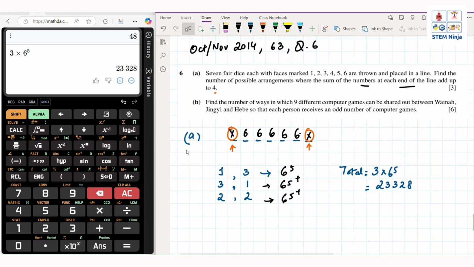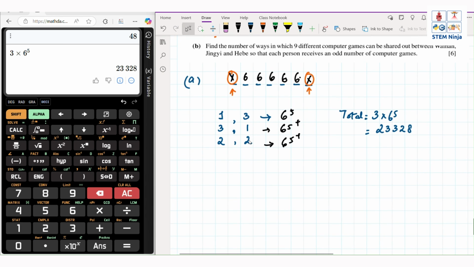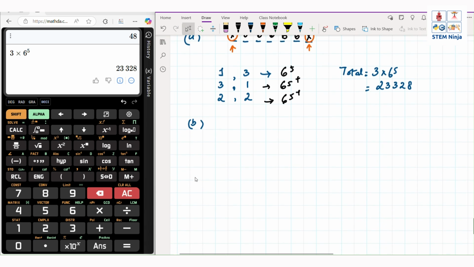Now, find the number of ways in which 9 different computer games can be shared out between Waina, Jingi, and Hebe so that each person receives an odd number of computer games. Okay, so for this, we will need to make a table of different possibilities.